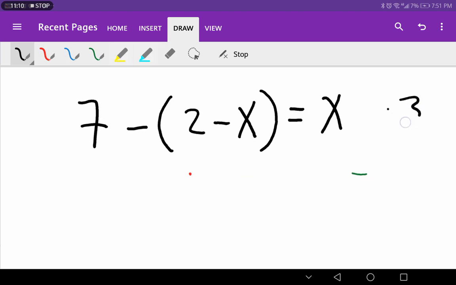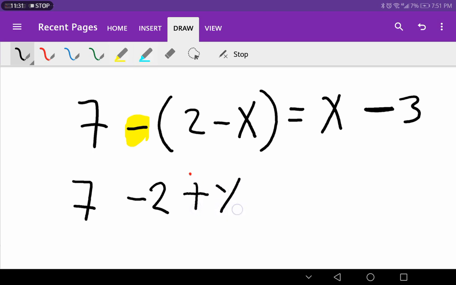Like this one, see, negative outside parentheses, and you know the first step every time we break the parentheses. So the first step, I drop the 7 and break the parentheses under one condition: the 2 will be negative 2 and the negative x will be plus x. Yes, this equals x minus 3.